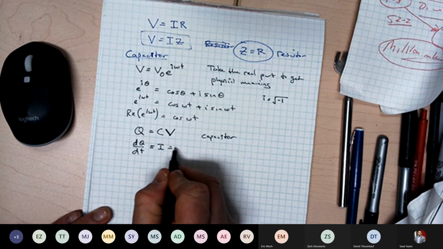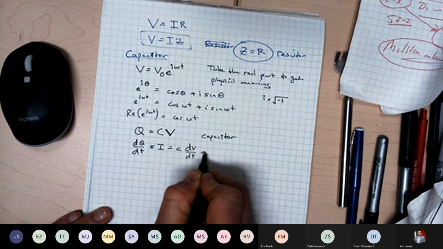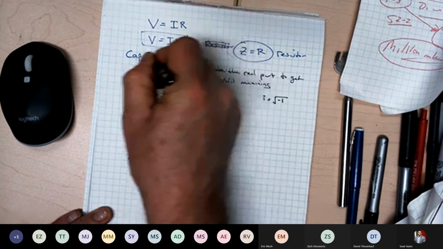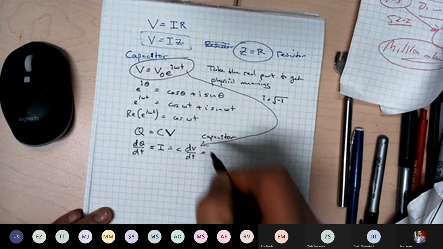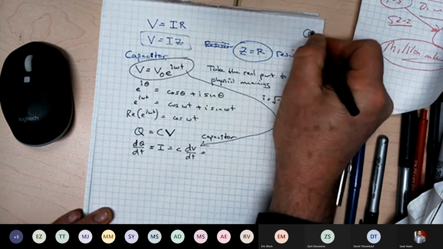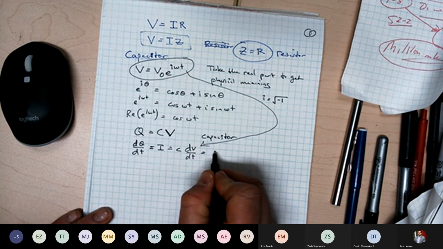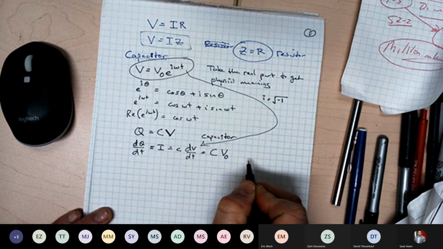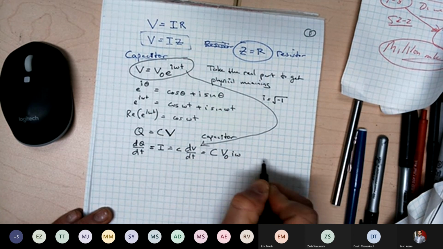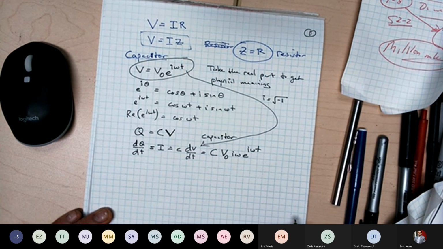That will be equal to C times dV dt. And we have an expression for voltage up here, which we're going to put in there. The derivative is going to be V naught i omega e to the i omega t.